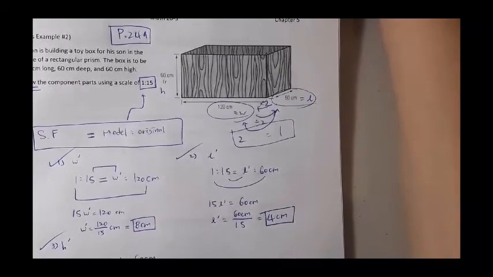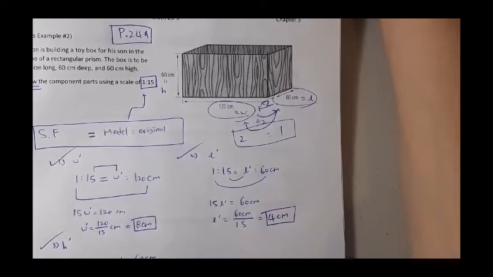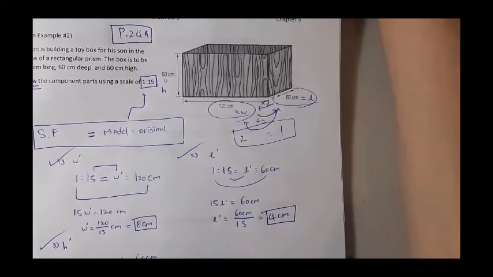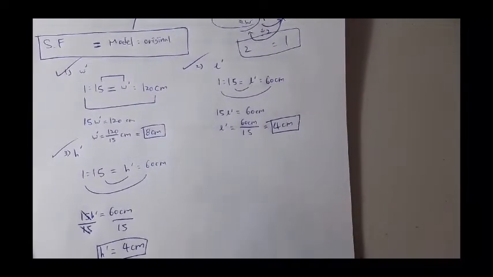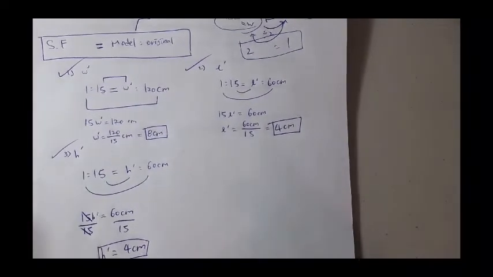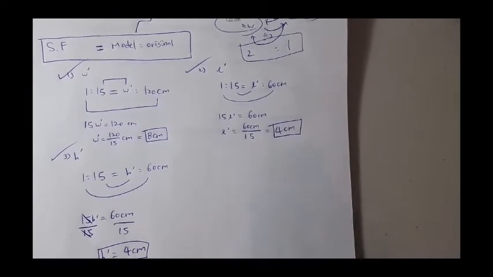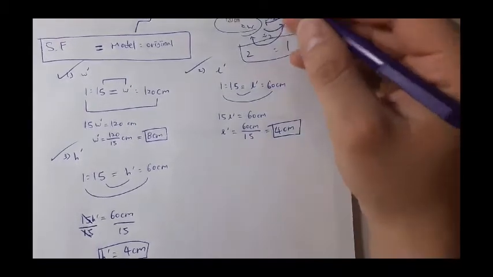Now, using this, what we're going to do is draw, and you can use the scale that we know. What I mean by that is I need to draw front and back and the bottom, if you will. So we need to do several parts. Let's talk about front and back first.